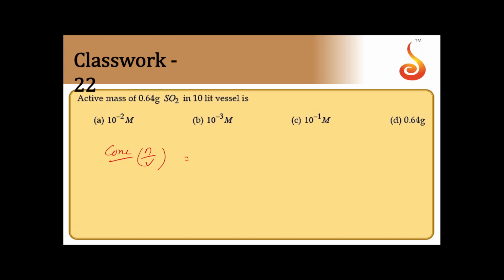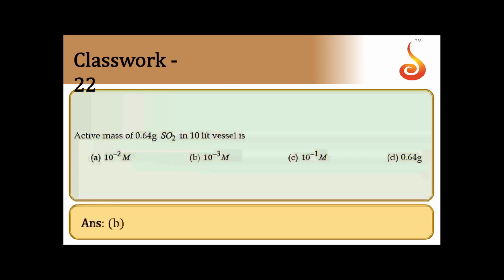Number of moles means mass by molar mass, so 0.64 by 64 gives the number of moles of sulfur dioxide, divided by volume of 10 liters, which comes to 10 to the power of minus 3. So the answer is option B. Active mass means molar concentration expressed in moles per liter.